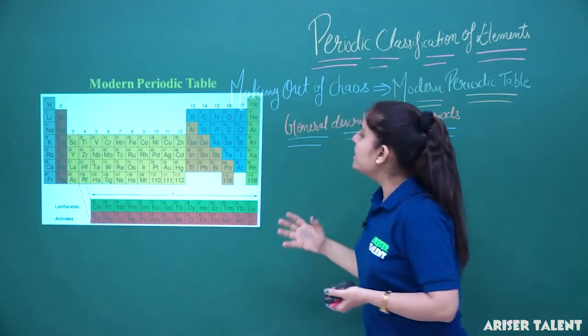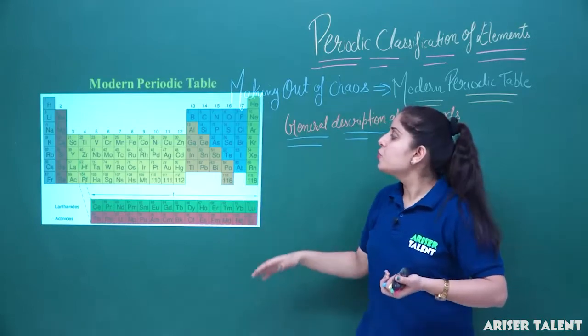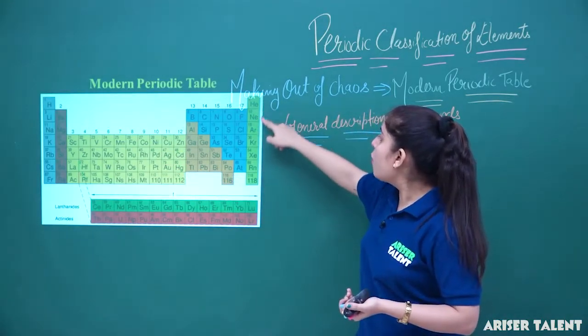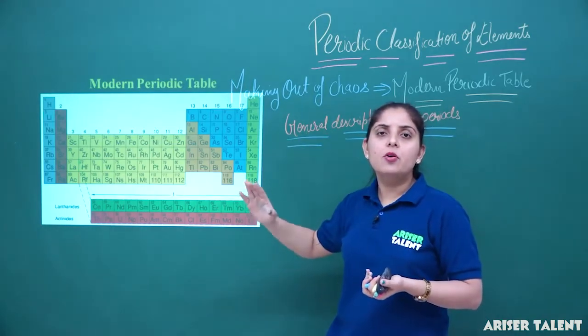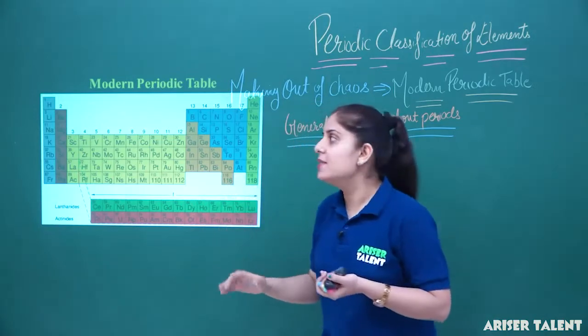Now we will consider the points one by one by looking at this table only. You can see that in this periodic table there are 7 horizontal rows, that is 1, 2, 3, 4, 5, 6, 7, which are termed as periods.